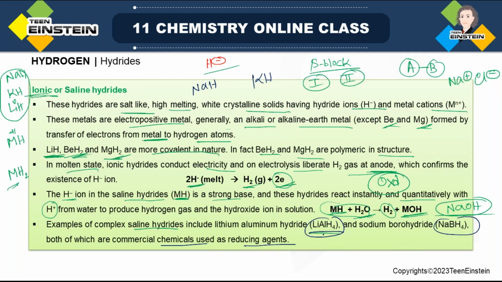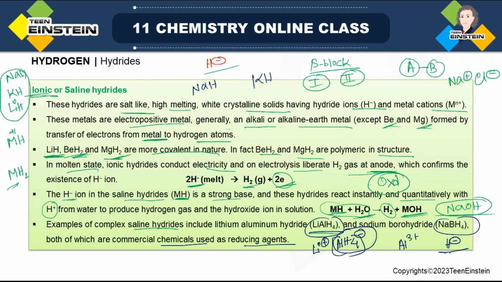And here also, if you ionize it, it carries lithium plus and AlH4 minus. AlH4 minus, if you focus on this part, contains an aluminium 3 plus ion and 4 H negative, so one negative charge extra is present overall, charge -1.